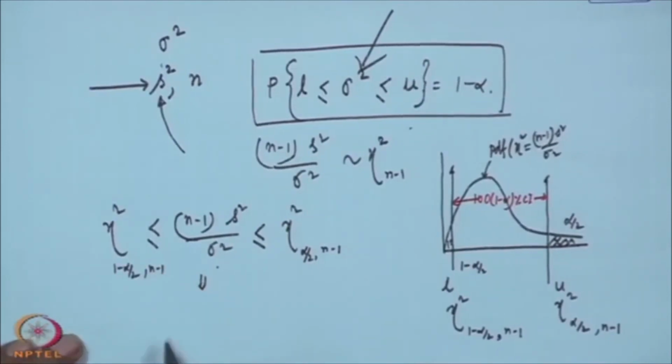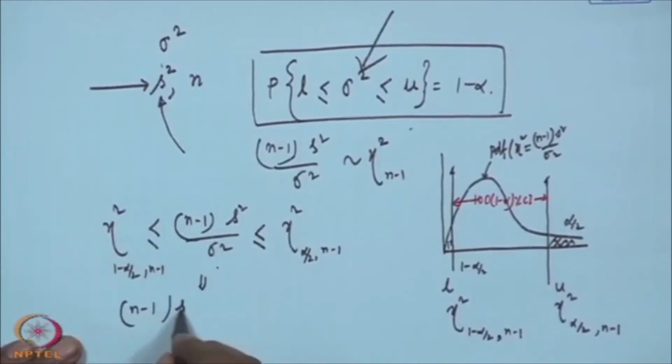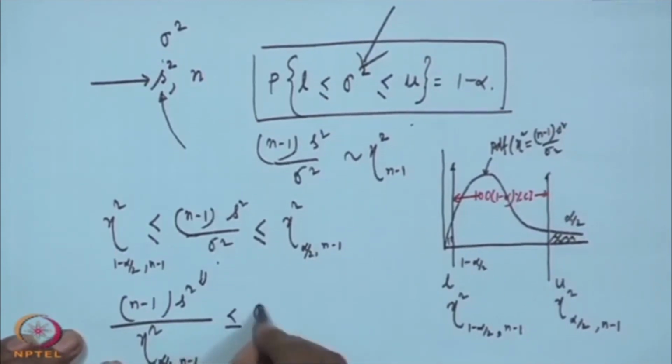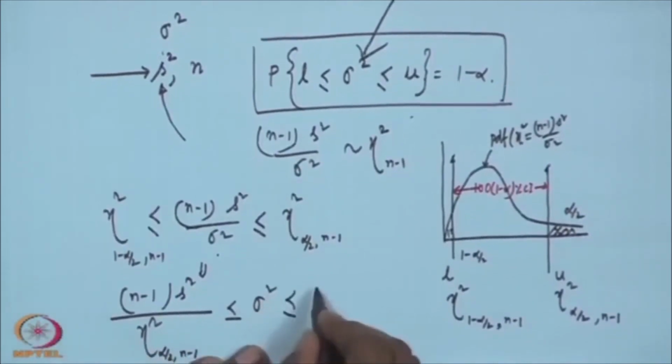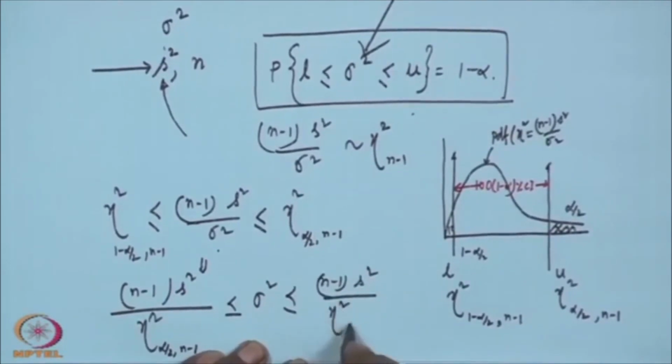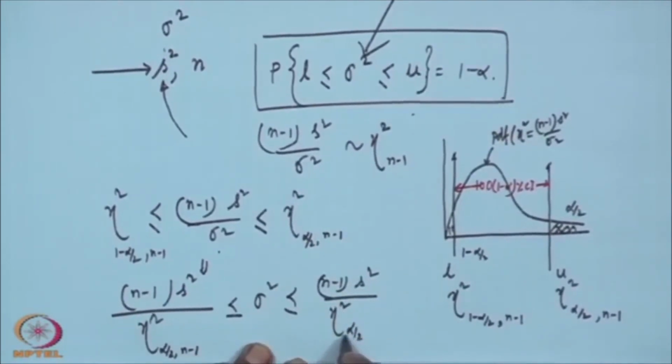So, if you manipulate, you will get n minus 1 s square by chi-square alpha by 2, n minus 1, less than or equal to sigma square less than or equal to n minus 1 s square by chi-square 1 minus alpha by 2, n minus 1.